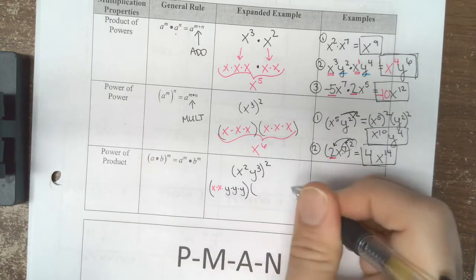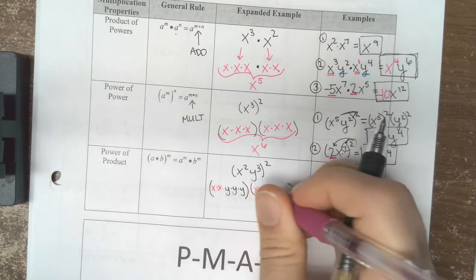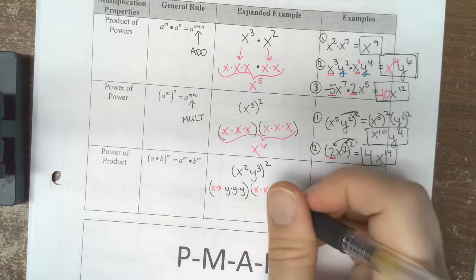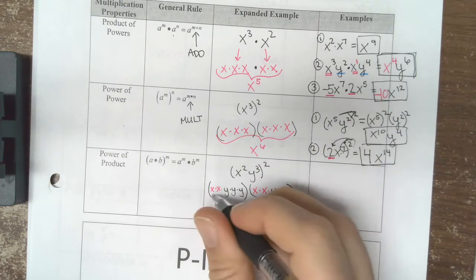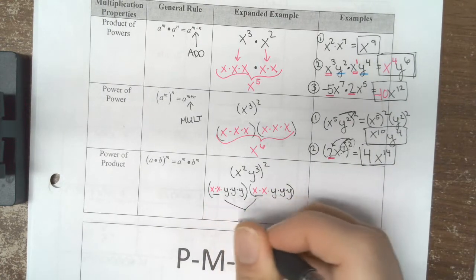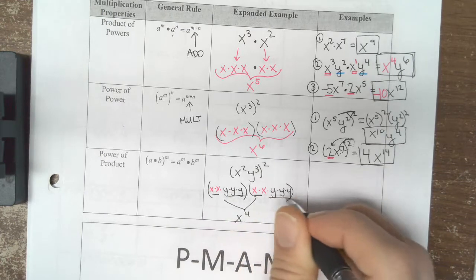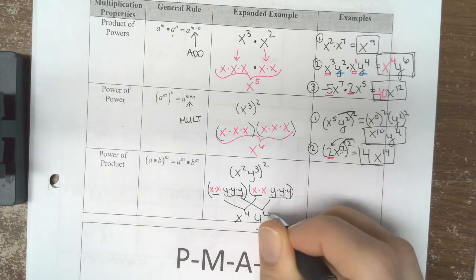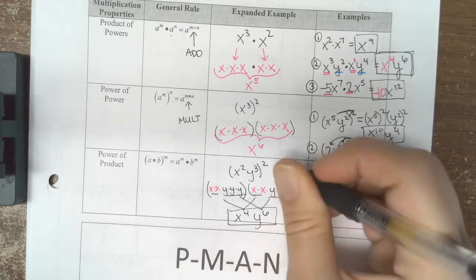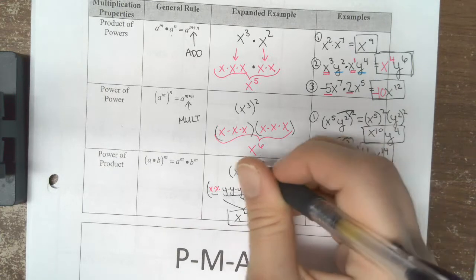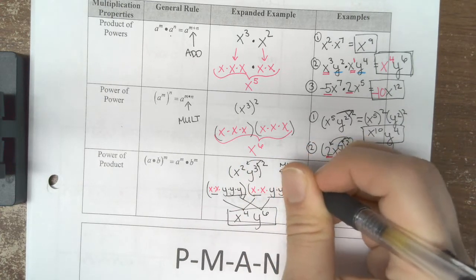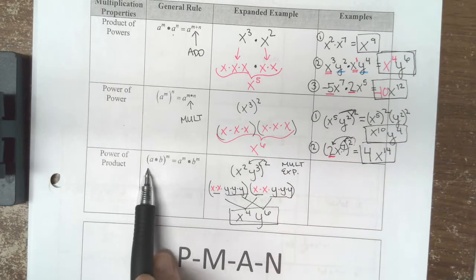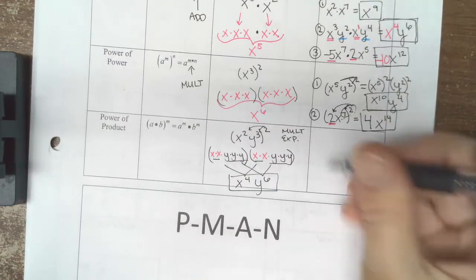And if I have that squared, then I have 2 factors of x again and 3 factors of y again. And then all together, I have 4 factors of x and 6 factors of y. Okay, realistically, what we're doing here is we're just multiplying our exponents, but looking at what that looks like when we have more than one term inside of there.